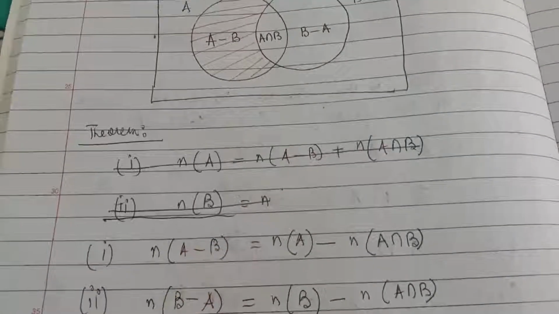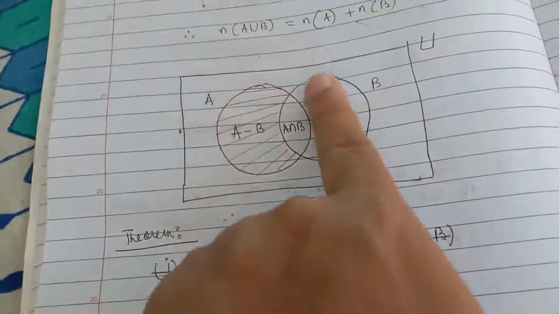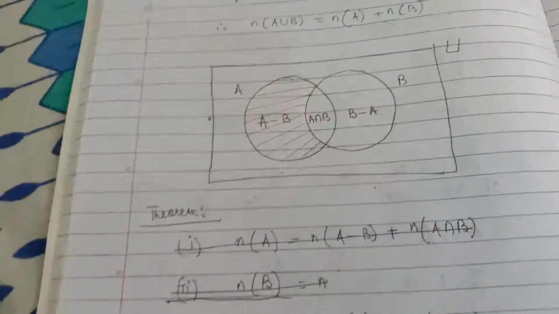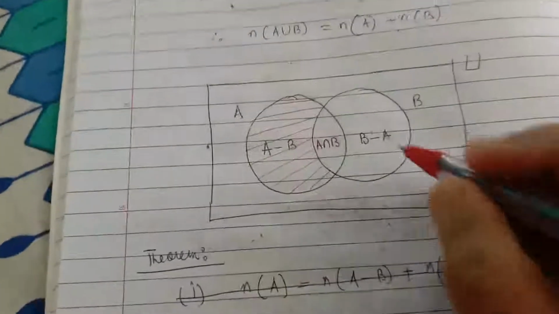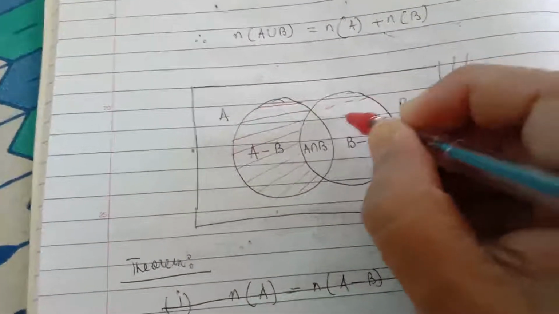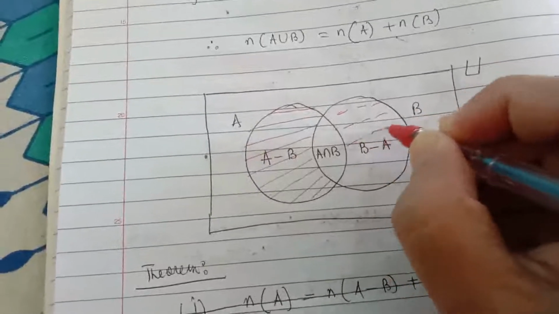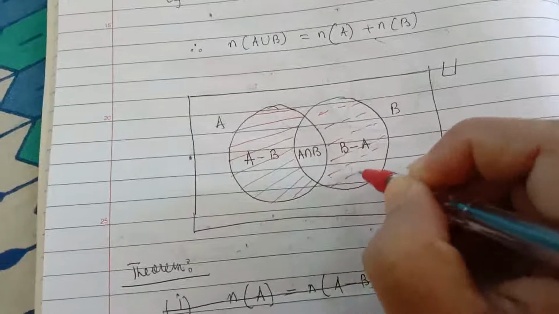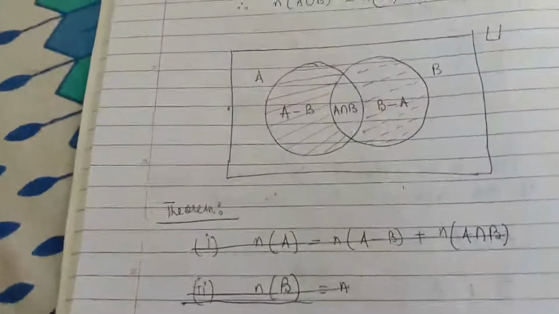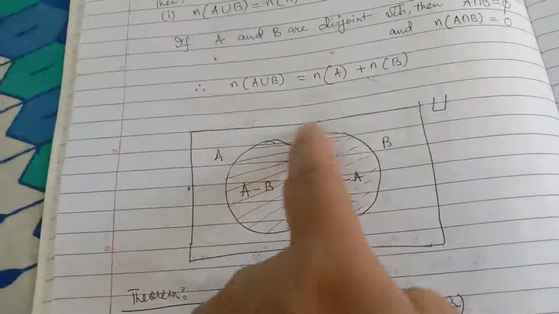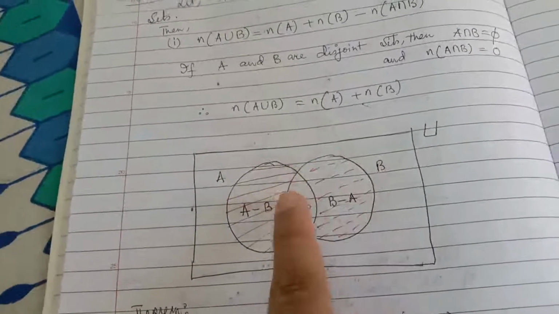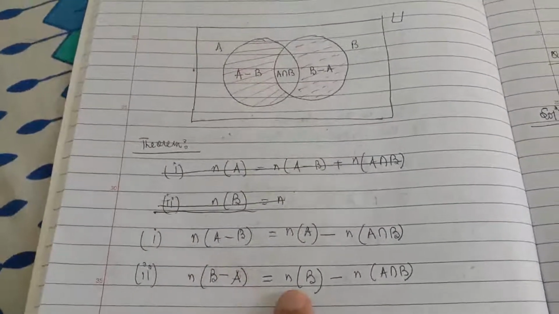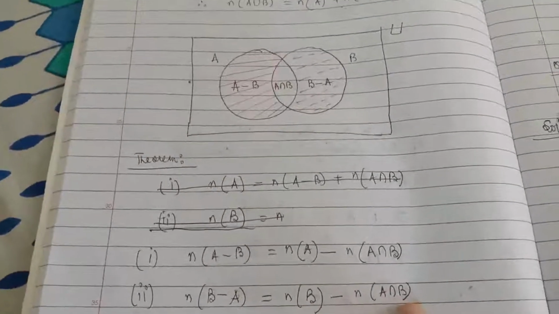Similarly, for B minus A, we can mark B minus A also. This is B minus A, and B minus A equals the set B minus A intersection B. So n(B minus A) equals n(B) minus n(A intersection B).